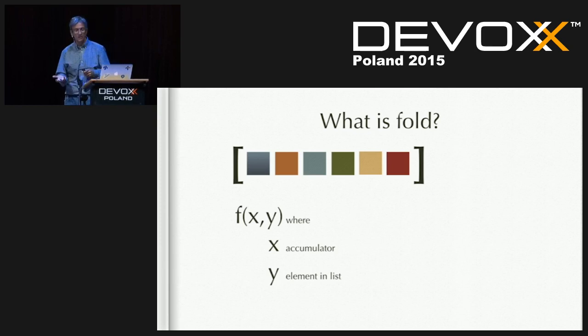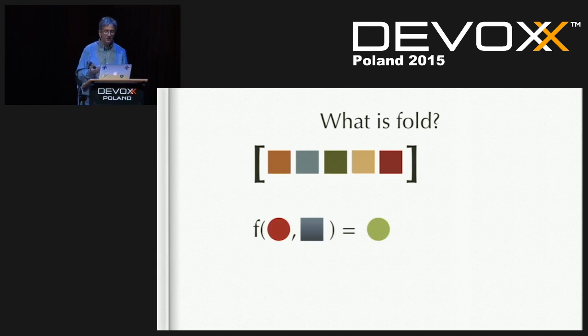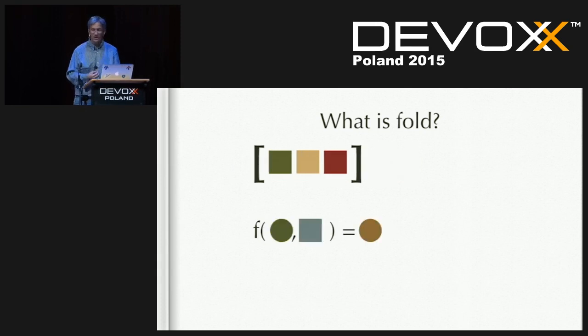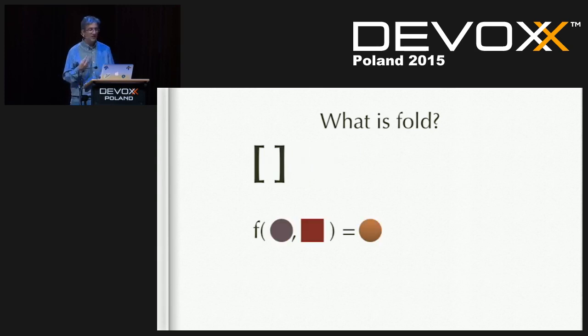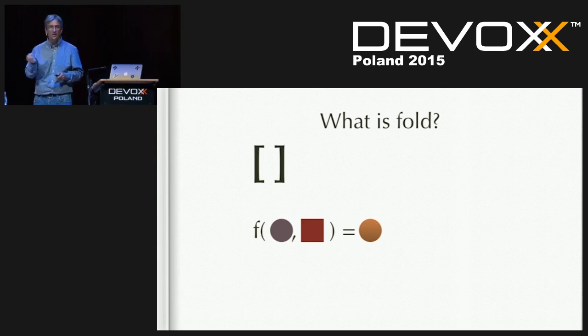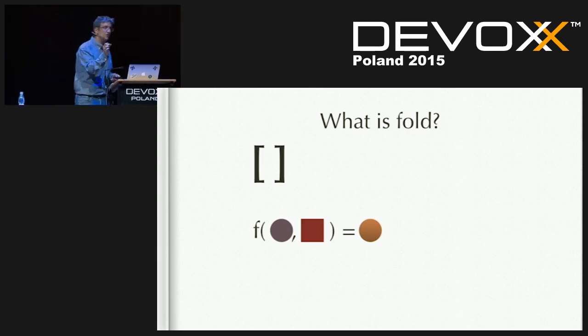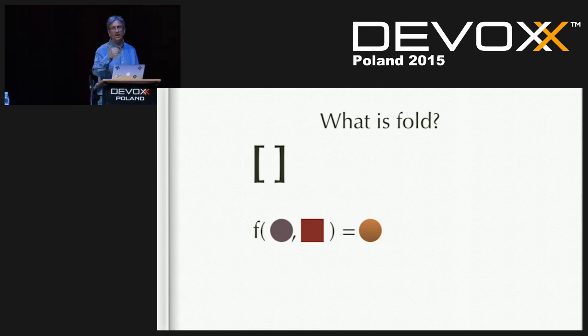I call fold on it, and what it's going to do is take the first accumulator, first element of the list, produce another value. That value now becomes the first parameter. It becomes the accumulator. I call it again, call it again, call it again, so on and so forth, and eventually I end up with a single element. So all it's doing, fold, is just taking elements of the list with an accumulator and applying it until it comes out with a single value.